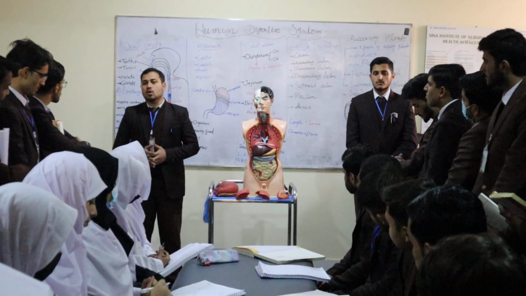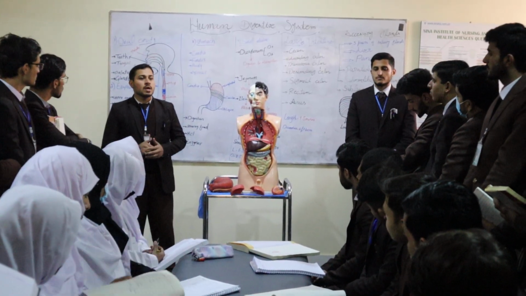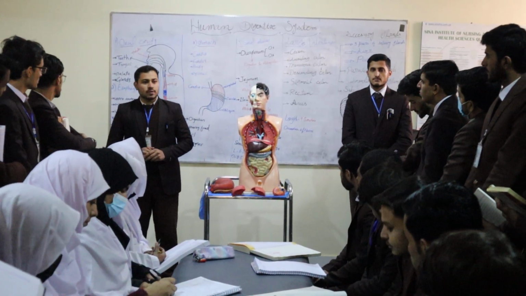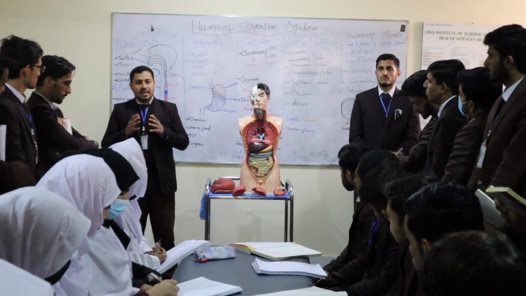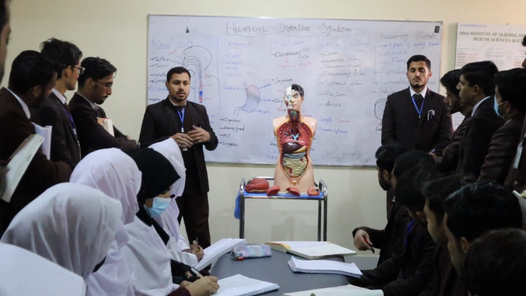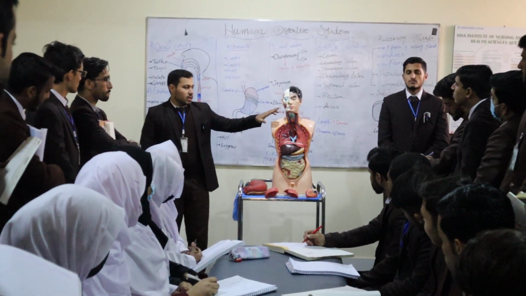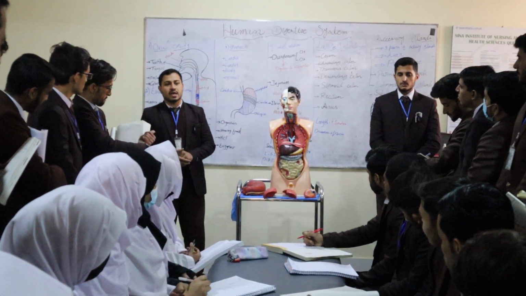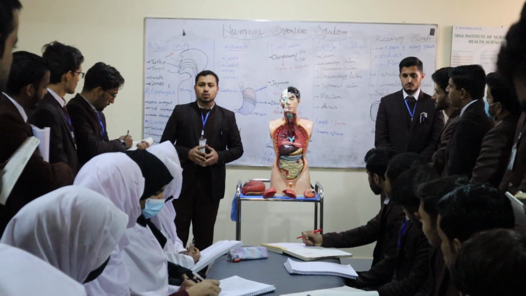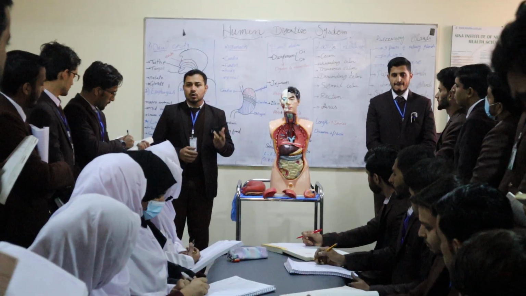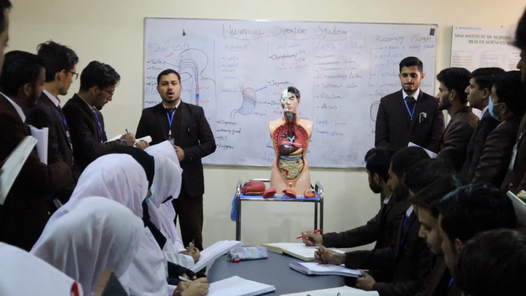Here in the oral cavity, two types of mechanisms are performed, the first mechanical and the second chemical. Both are performed together, but the mechanical process is performed with the help of teeth. Whenever we take a piece of food, we start crushing it into small pieces with the teeth to increase the surface area of the food.